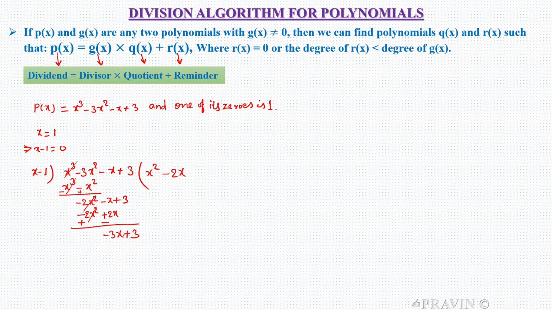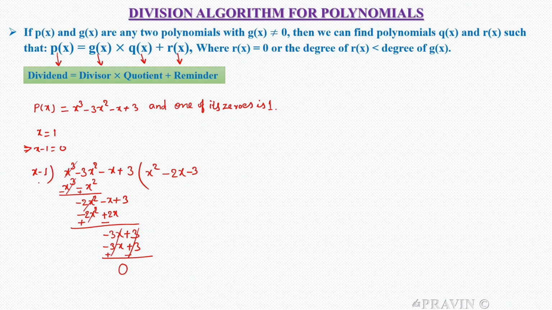Again at this stage the highest degree of this term is 1. Now you need to eliminate this term first, but here you will find that you can easily eliminate both the terms. For that you have to divide it by minus 3, and here you will get minus 3x plus 3, and while subtracting just change the sign, this will cancel out and give you 0.